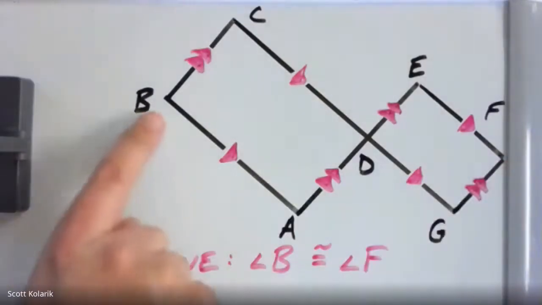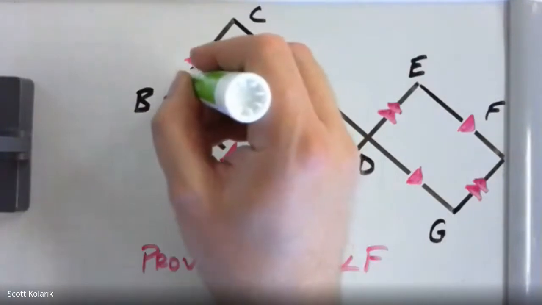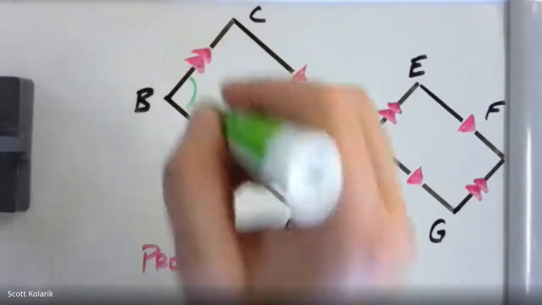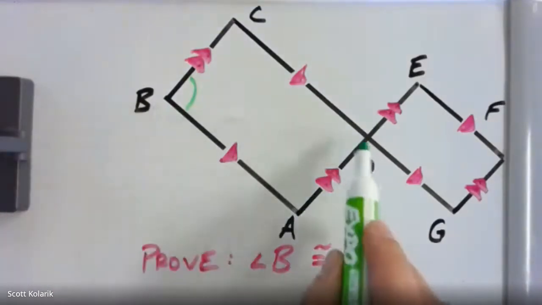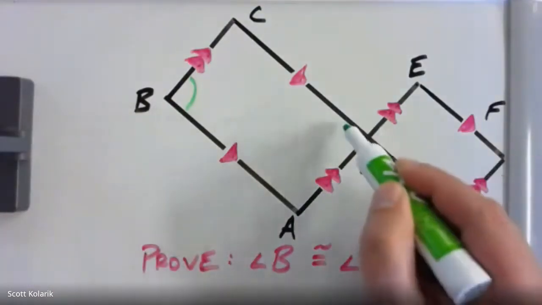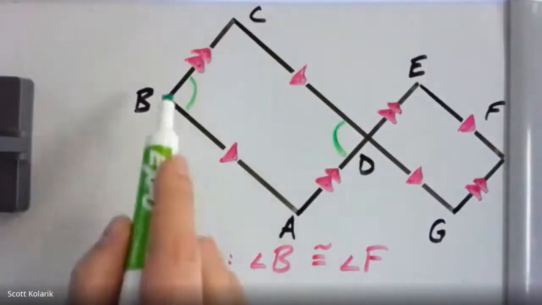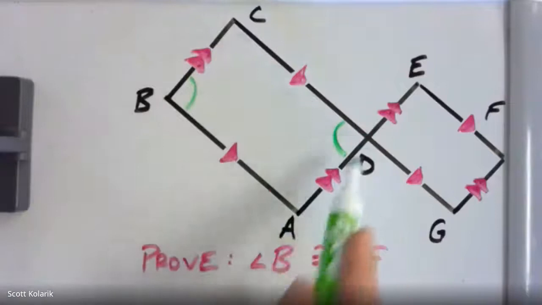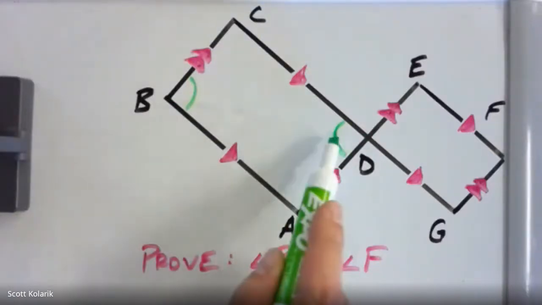One way I can do that is by looking at angle B here. Based on the opposite angles theorem, I know that this angle has to be congruent to this angle right here, because that's the angle opposite or diagonal to it. So angle B and angle CDA, this little wedge, have to be the same measurement.